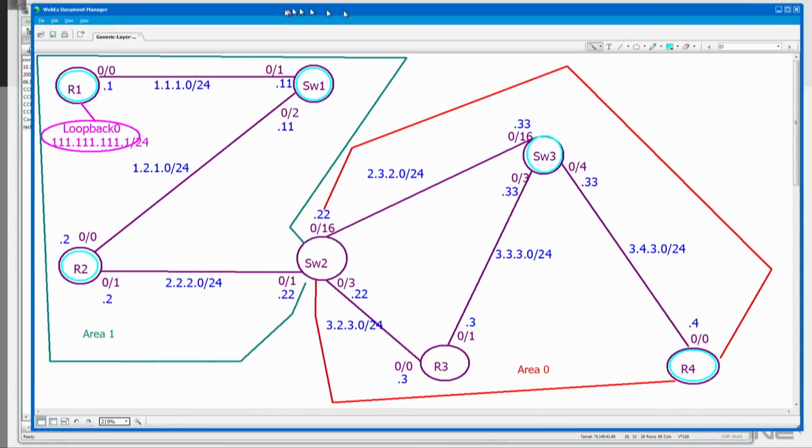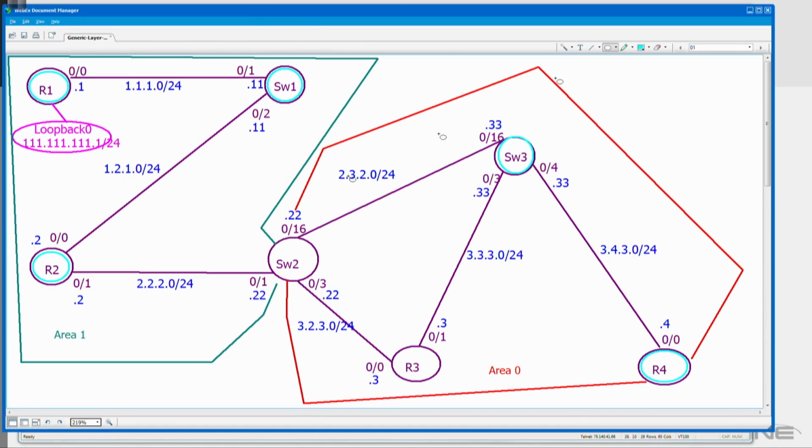So now I'll go ahead and put my light blue circle on switch 2, since I've just finished OSPF for him. So at this point, if we go into, let's say, router 4, router 4 should now have at least a couple of networks that are OSPF intra-area routes. He should have learned about the 2.3.2 network and the 3.2.3 network as intra-area routes.